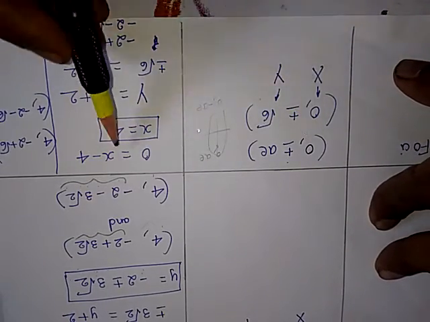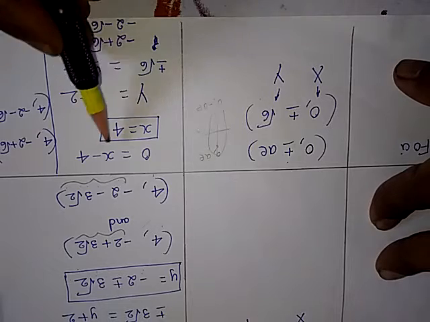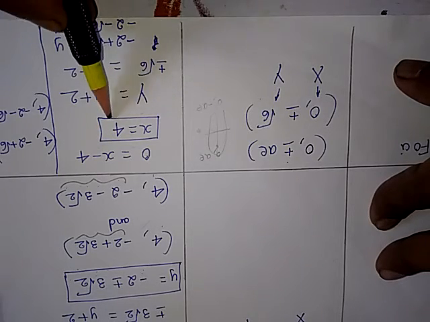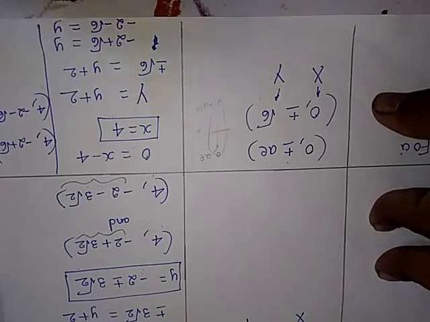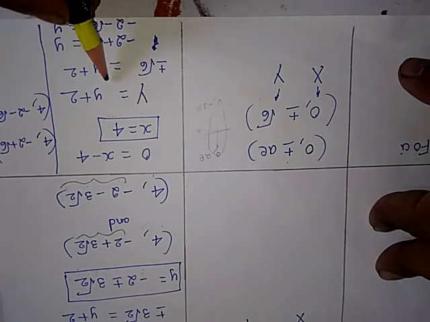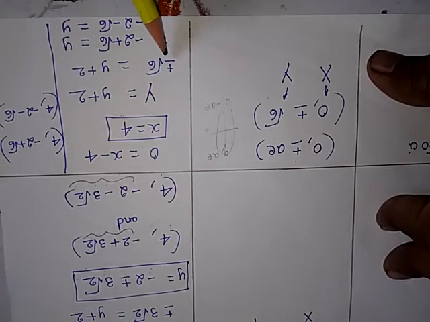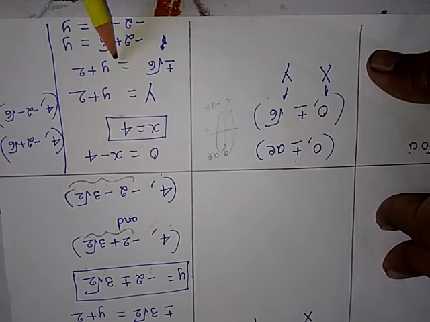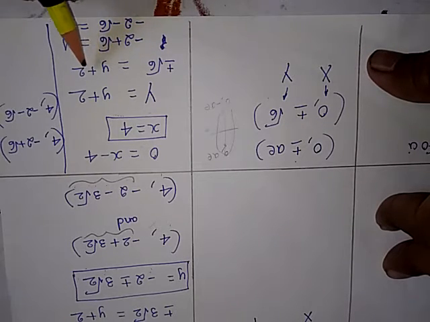The value 0 is equal to x minus 4. Therefore, x is equal to 4. Now we know the value for small x. Capital Y is equal to y plus 2, which is plus or minus root 6, which is equal to y plus 2. So small y, bring this plus 2 this side. So you will be having two values, minus 2 plus root 6 and minus 2 minus root 6.